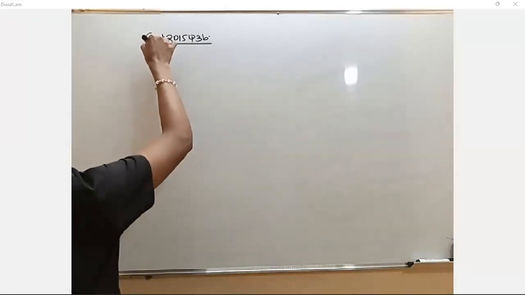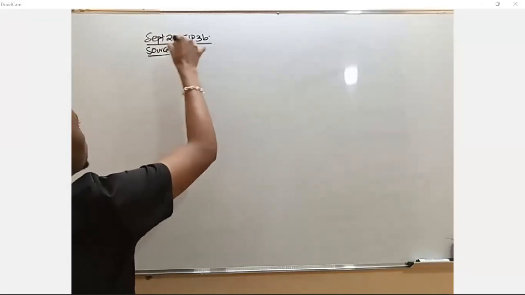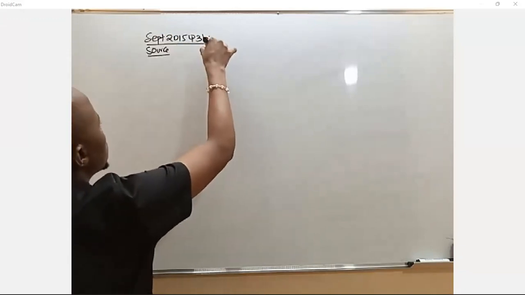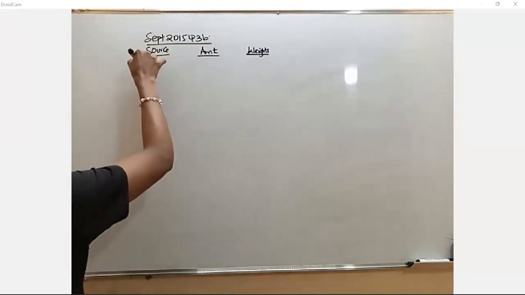It is very simple. We are going to analyze it in this manner. We are going to have the source, we have our amount, then we have our weights. Now, for our source, we start with the equity.